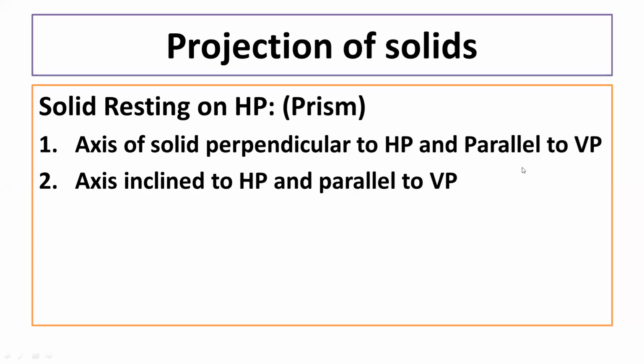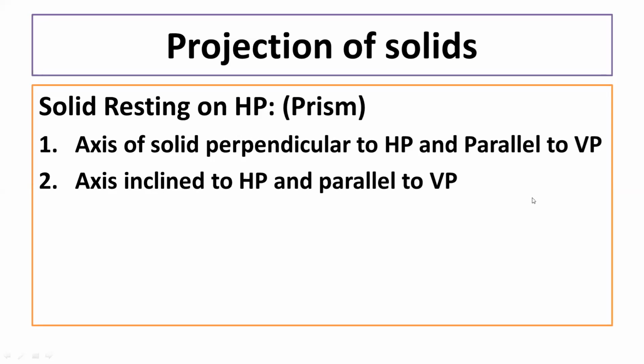This is considered the basic case, where the complete solid is resting on the HP with its axis perpendicular to the HP and parallel to the VP. In the second case, the axis of the solid is inclined to the HP and parallel to the VP.